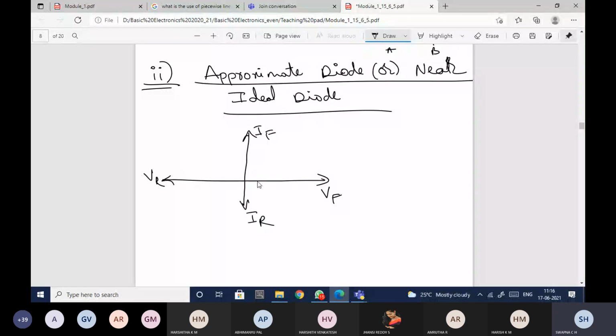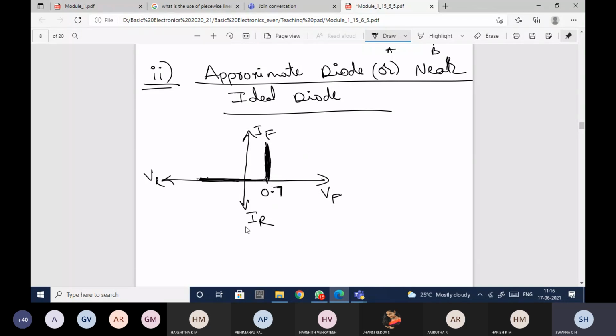Near ideal diode means here we consider the voltage drop across the device. The voltage drop across the device is considered to be 0.7. When it is reverse biased, it is assumed that there is no current flow. When it is forward biased, there is a voltage drop across the device, and the current will increase exactly at 0.7.